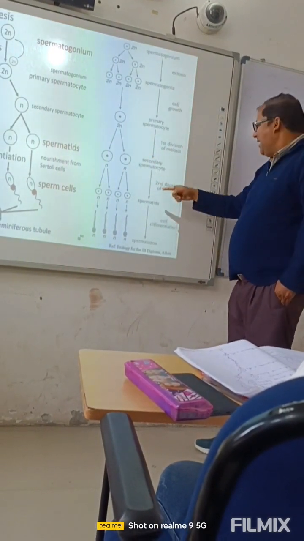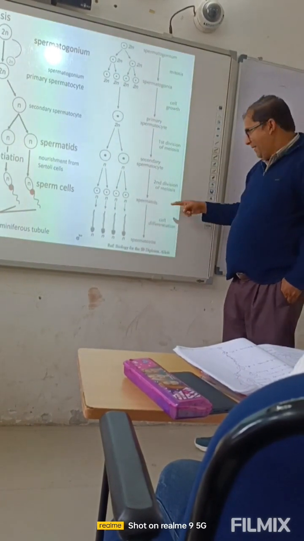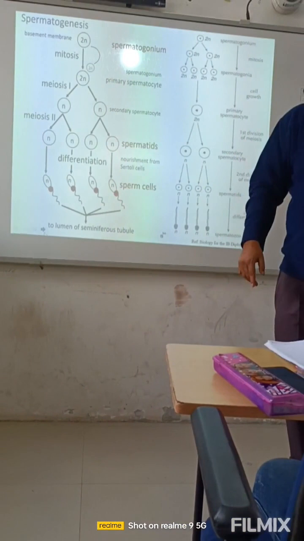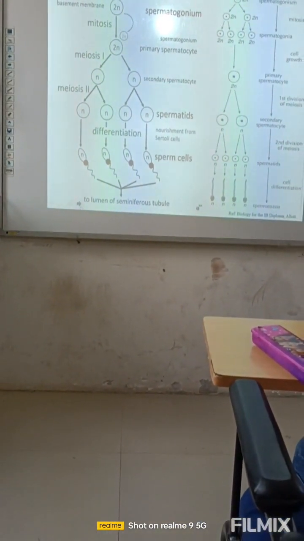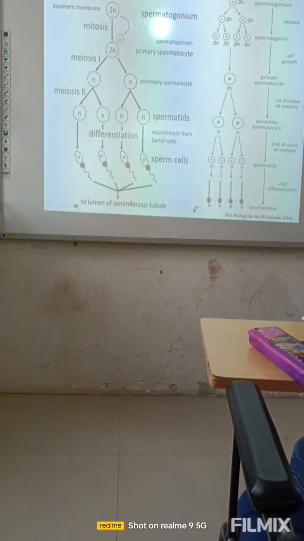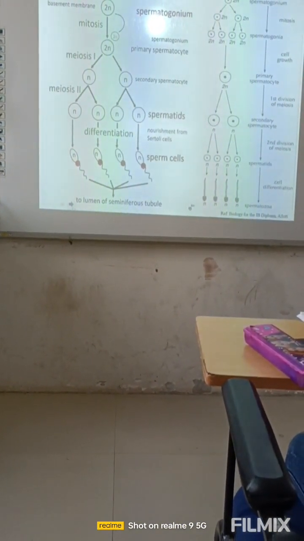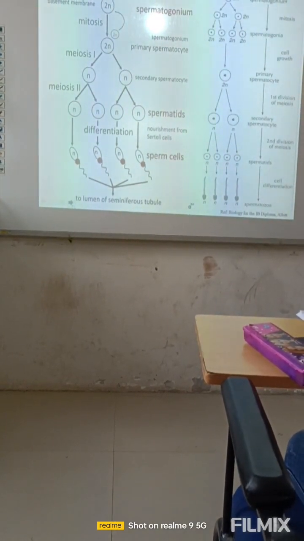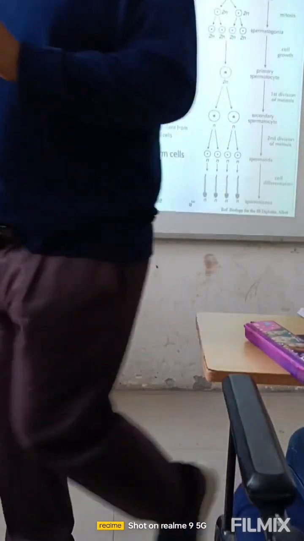When the second division is completed, there is formation of spermatid, and finally spermatozoa. Two points are important to remember: the primary spermatocyte is halted at meiosis 1, prophase 1, diplotene stage. The secondary spermatocyte is halted at meiosis 2, metaphase 2 stage. That is very important to remember.